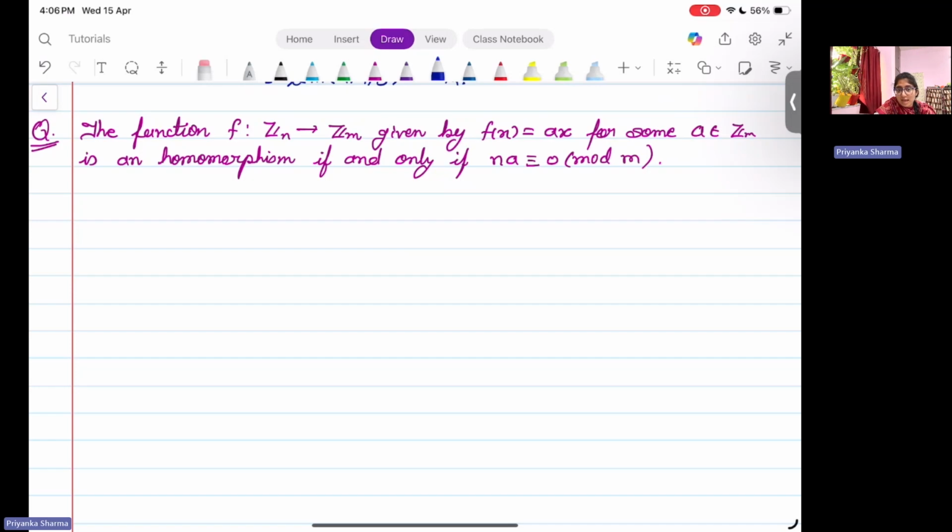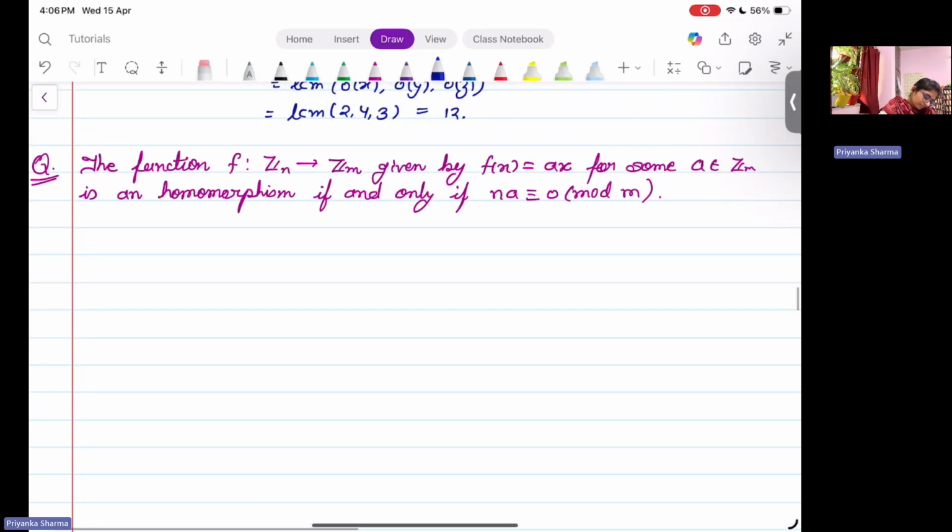Then this function f will be a homomorphism if and only if the product of n, the order of this group, and a, the element of Zm which is defining the function, is congruent to 0 modulo m, where m is the order of the codomain group. Okay. So this is an important theorem which is used to find the homomorphisms between Zn and Zm in general.